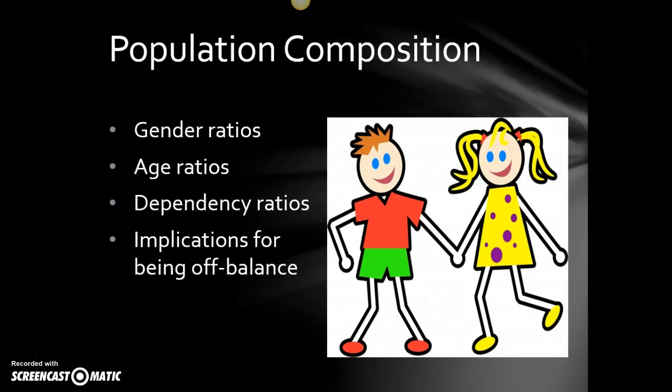The other thing you need to talk about when you're talking about population statistics are population composition. And the reality is you can create statistics regarding any trait you can think of in a given population. All right, so in a ninth grade classroom, I could have all of the girls stand up. Well, that's a gender ratio, right? All of the girls compared to the boys.